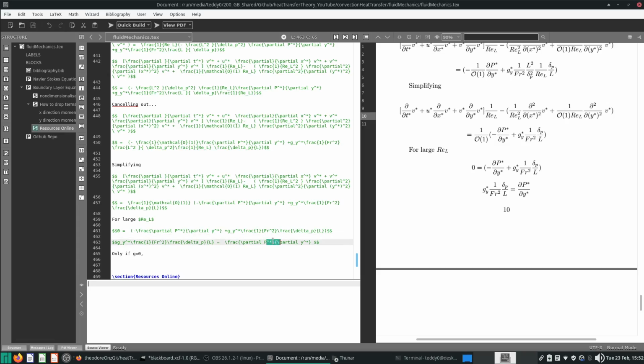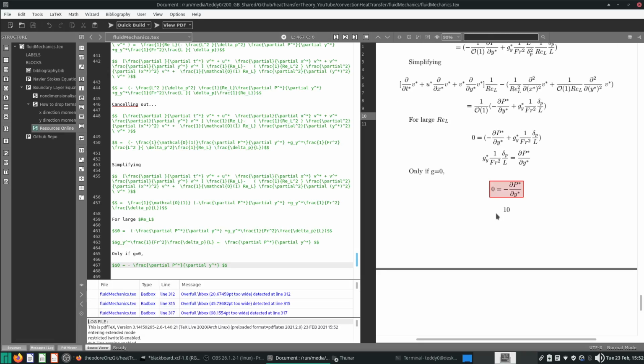Only if your gravity equals 0, then you can say, alright, my pressure gradient on this y-axis is kind of 0. Okay, so there you have it.